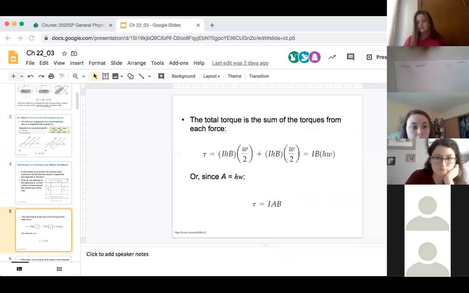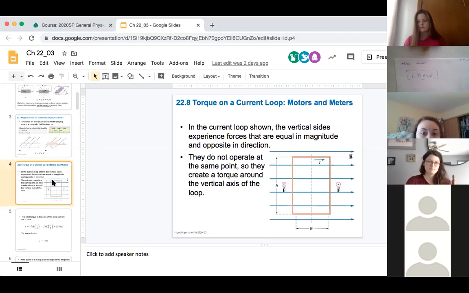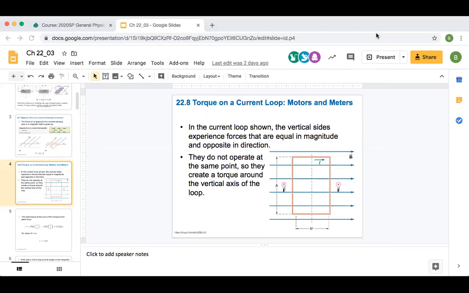Each wire will experience force according to F equals ILB sine theta. This is the equation we are going to use to determine the magnetic force experienced by each of these wires.